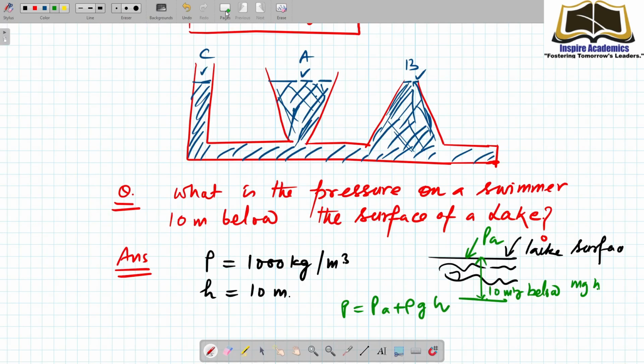Now can you put the values and calculate? So what is your P? P will be PA plus rho gh. How much can you take for atmospheric pressure?